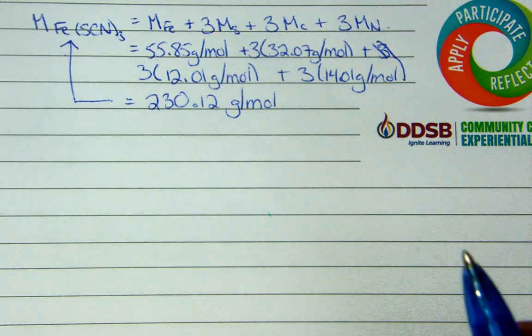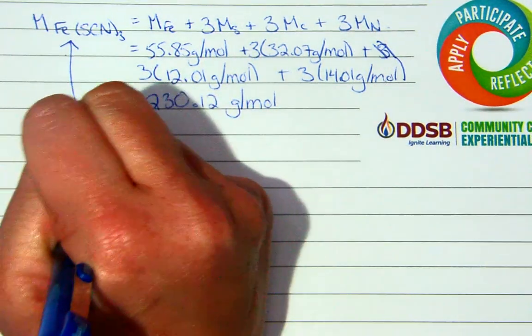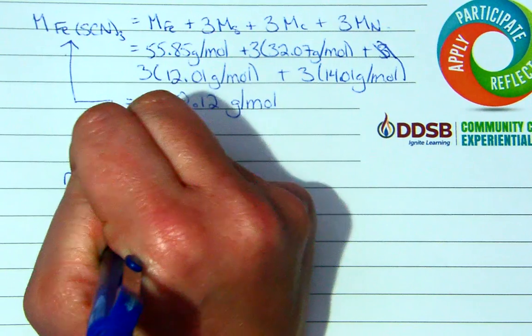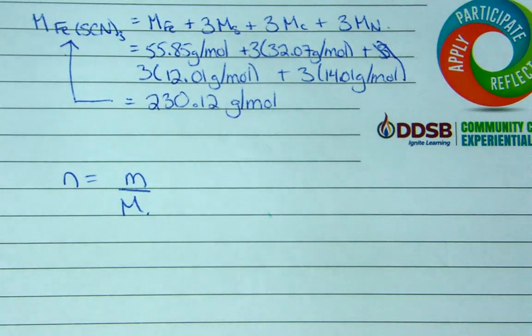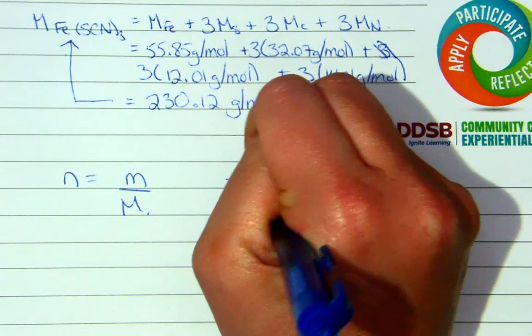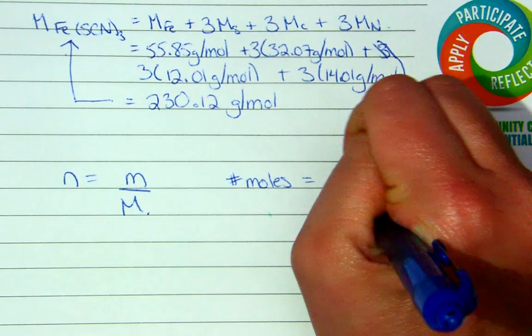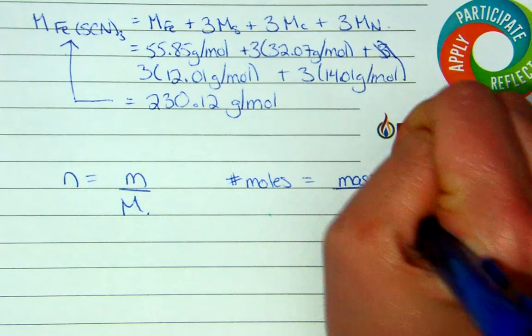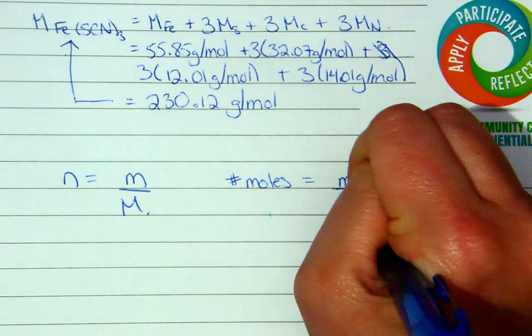What we can do though is recognize this equation: n equals lowercase m over uppercase M. This is the number of moles equals the mass given of a substance divided by the molar mass.